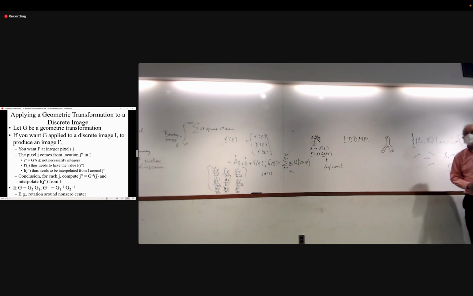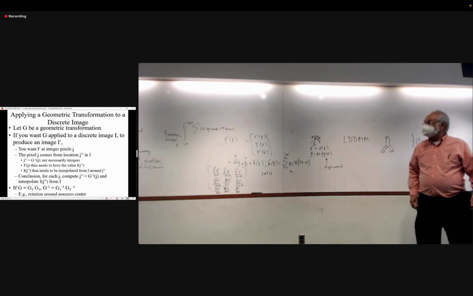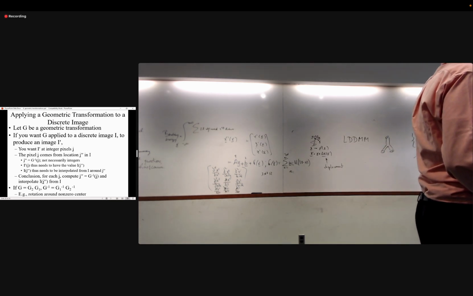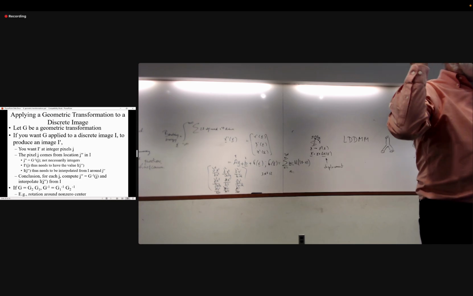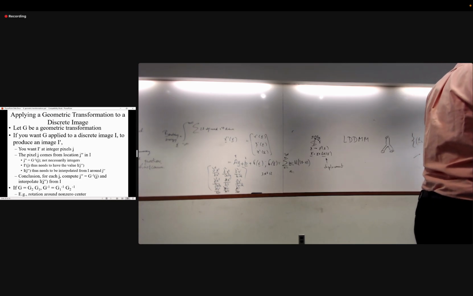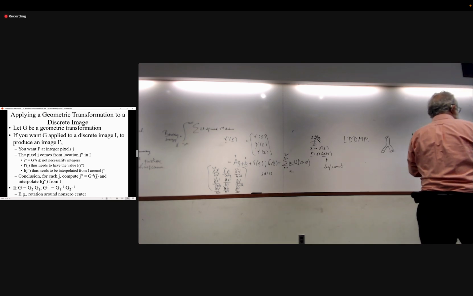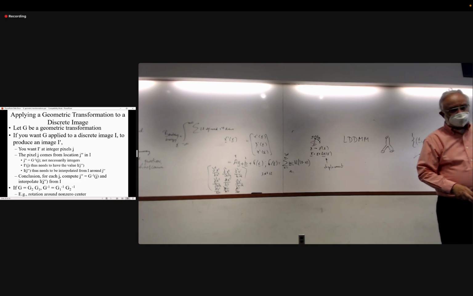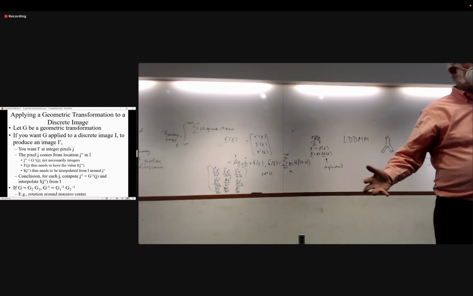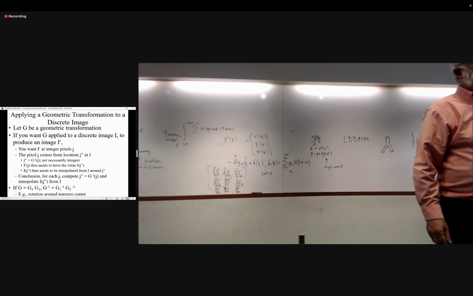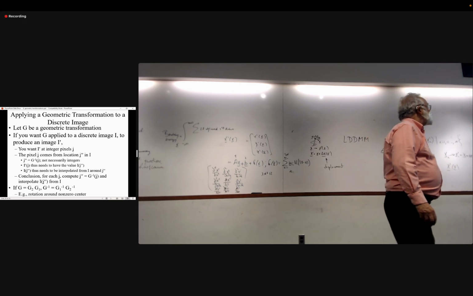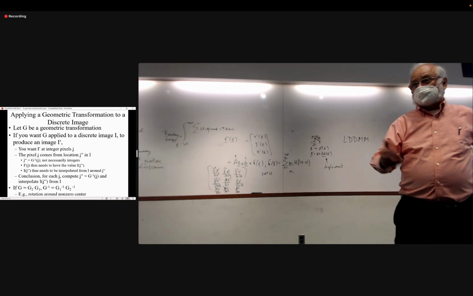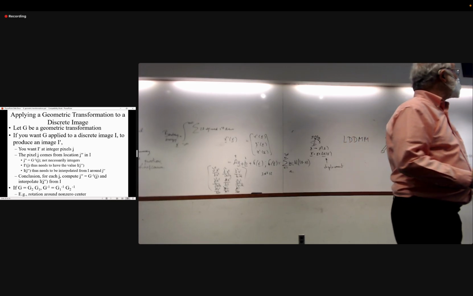Last slide in this lecture and on this whole series of geometric transformations. I have been talking about many of these transformations for continuous situations. But, of course, in the real world, we're going to apply them to discrete images with discrete voxels.